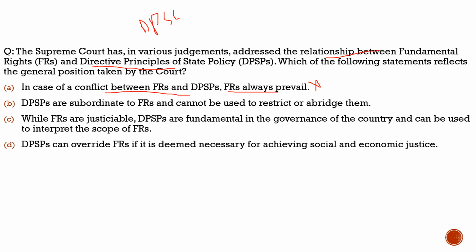Second statement: DPSPs are subordinate to FRs and cannot be used to restrict or abridge them. Even though they are subordinate to FRs, and not that important as compared to FRs, in some cases they can be used to restrict the fundamental rights.